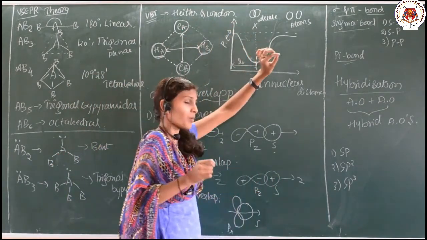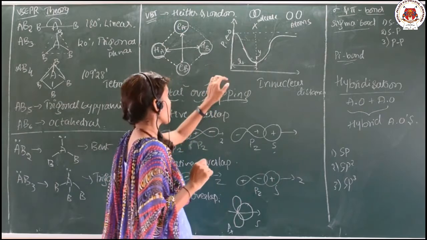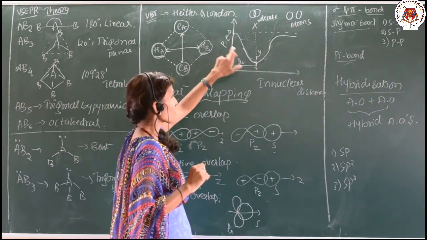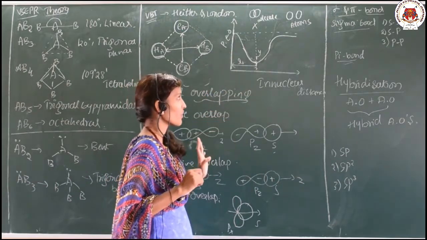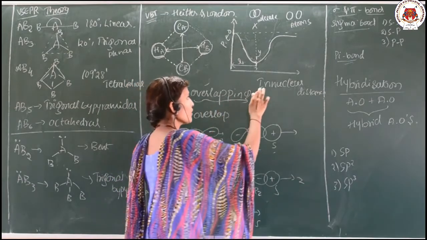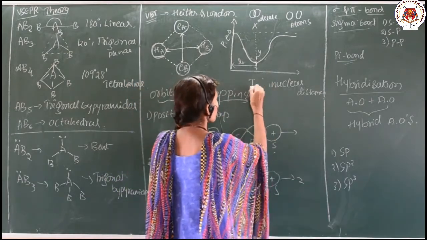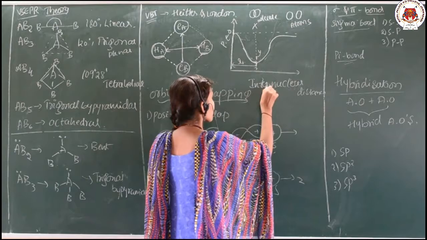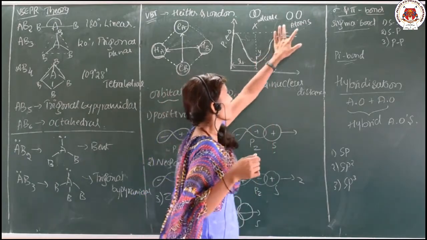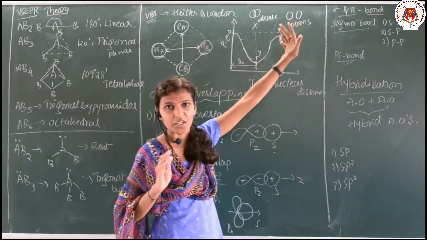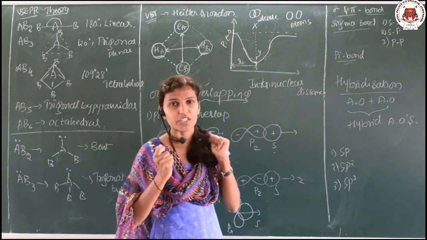This bonding can be explained graphically by drawing the graph of potential energy versus internuclear distance. Here the two atoms, HA and HB, are approaching each other.